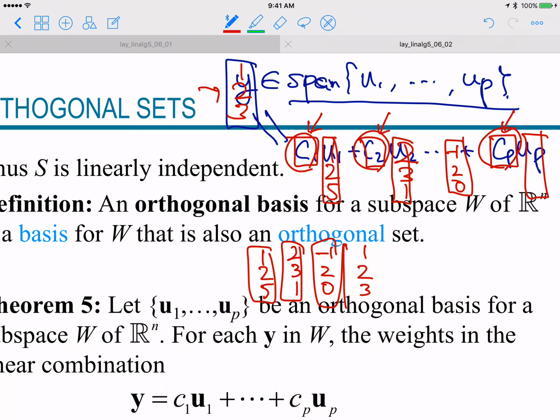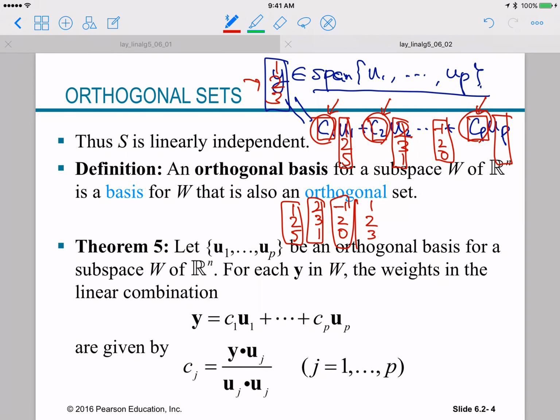Let me show you how. The trick is quite simple. In order to obtain c1, this is our given equation in a vector equation form, right? So y and u1 through up, and they are orthogonal to each other.